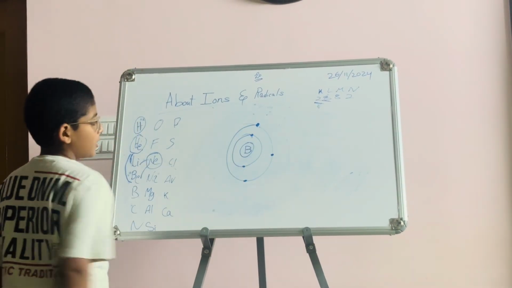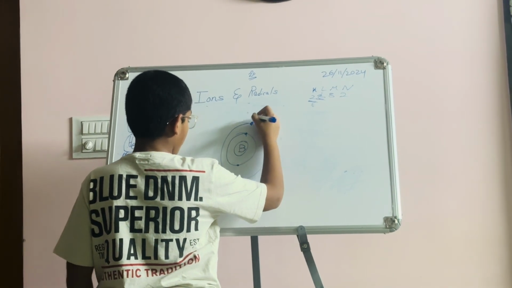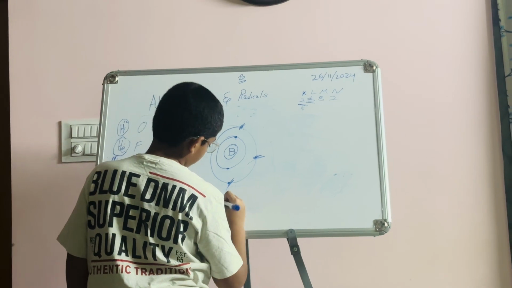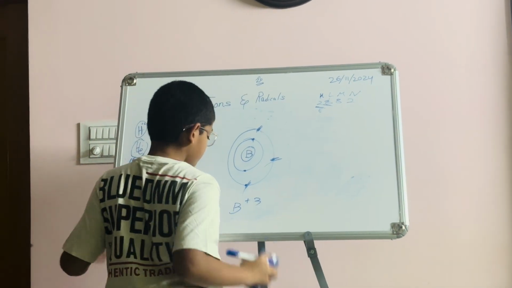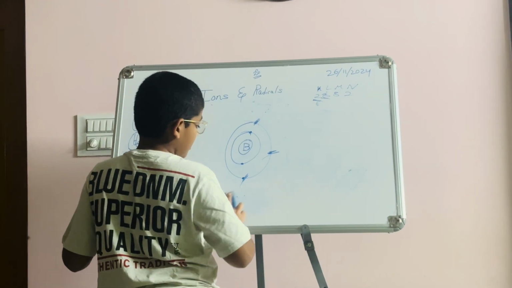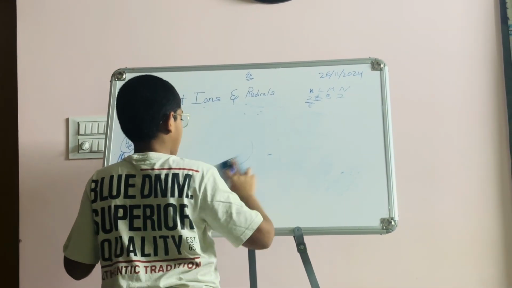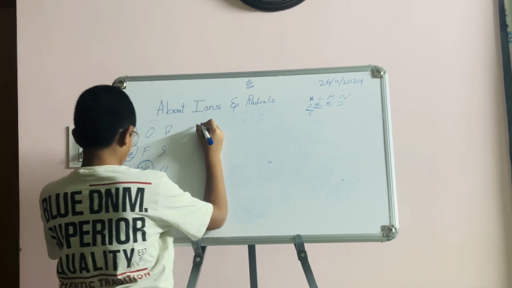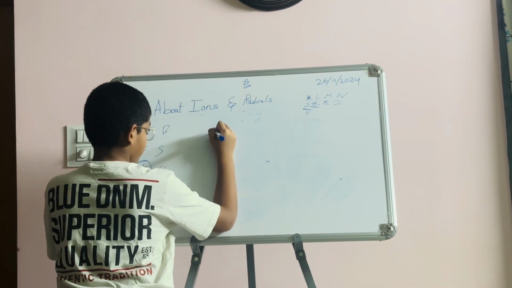So boron loses this electron and this electron, giving it B plus 3. Like that, it goes on. I have explained before. Try these, okay?